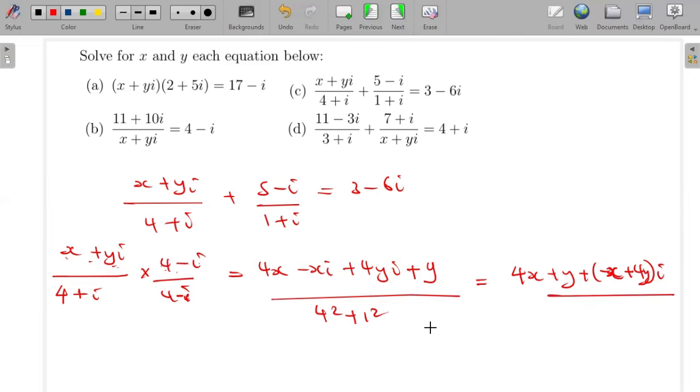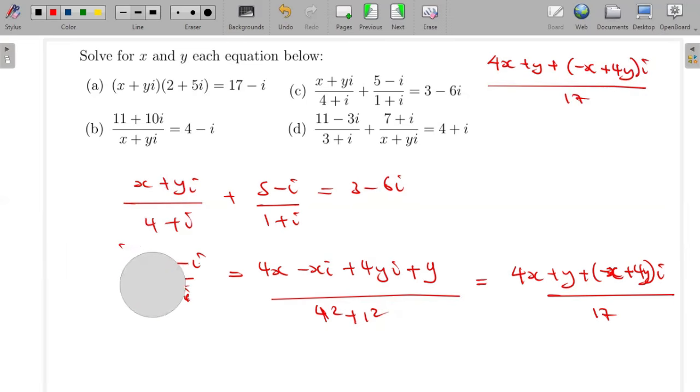Down there, that's 4 squared, which is 16, plus 1 squared, which is 1. So 1 plus 16 is 17. I'll keep it here: 4x plus y, plus negative x plus 4y times i, over 17. Okay, so this is what I get.